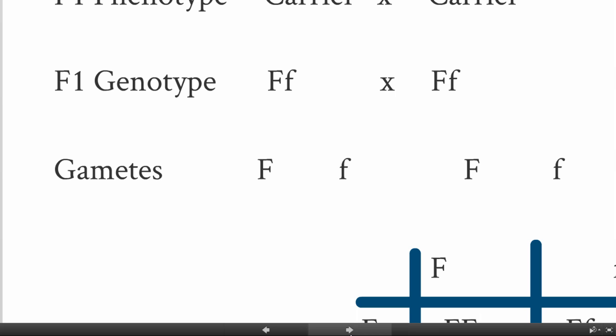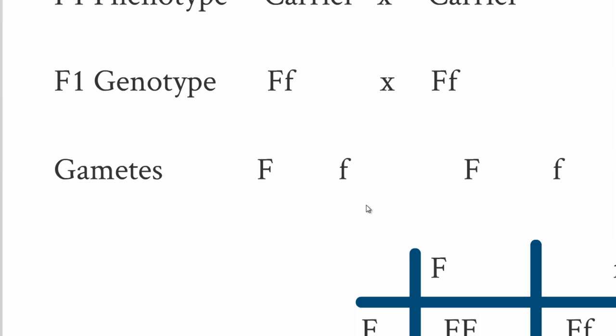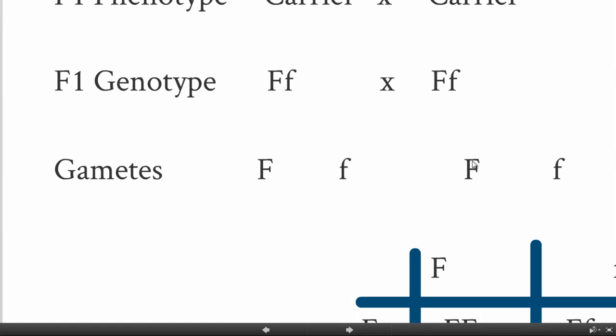All sex cells only have half the genetic information, so for the father, half the sperm will contain the healthy allele and half will contain the cystic fibrosis allele. The same is true for the mother's eggs: half contain the healthy allele, half the recessive cystic fibrosis-causing allele.